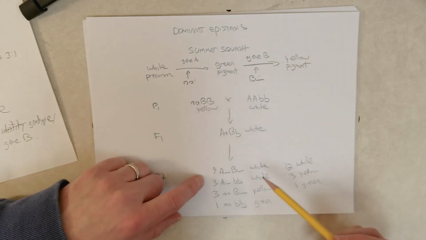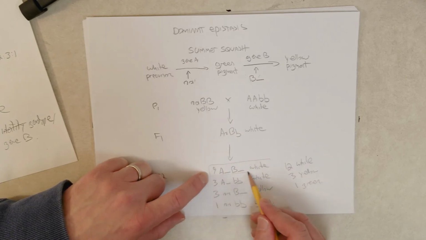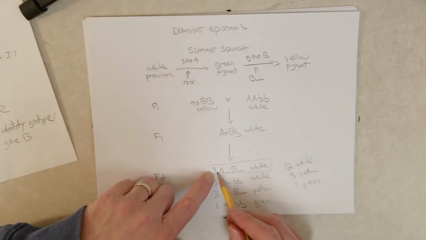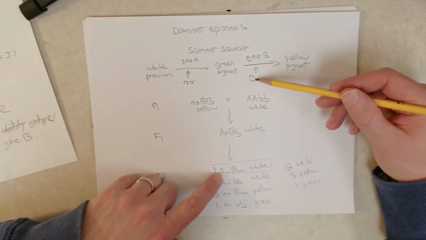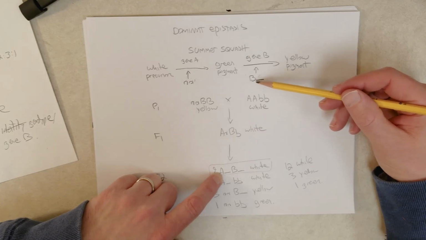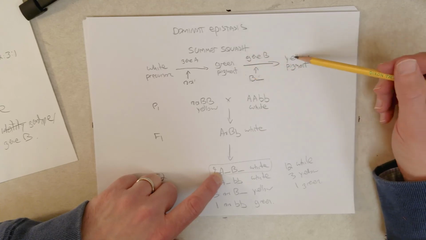For example, let's see, okay, this guy right here. These 9 out of 16 have a big A here. It doesn't matter that they have a big B. They could have 2 little b's, 2 big B's, a big B and a little b. It doesn't matter that all of them have the ability to turn the green into yellow.